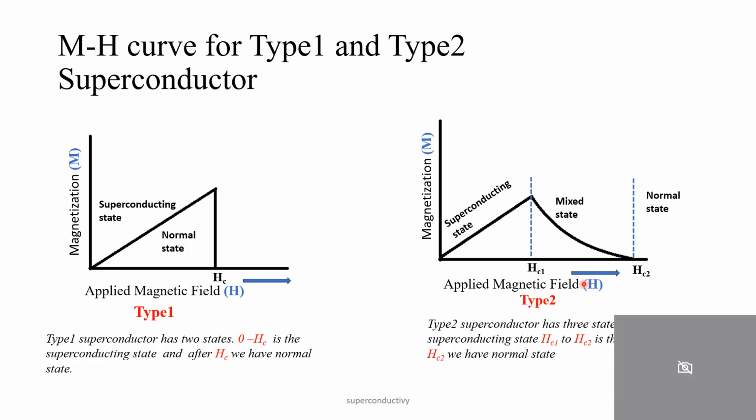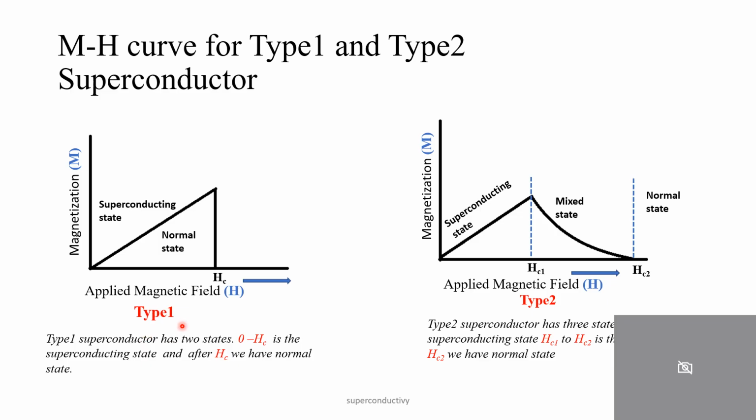And the average magnetic field, that is (Hc1 + Hc2)/2, is taken as the critical magnetic field of the type 2 superconductor.